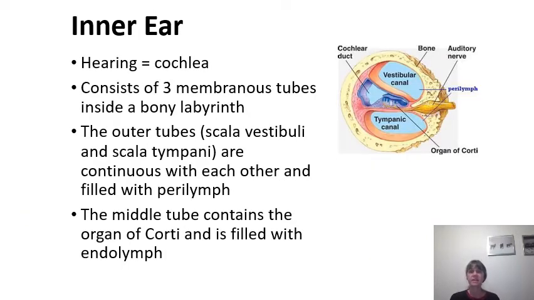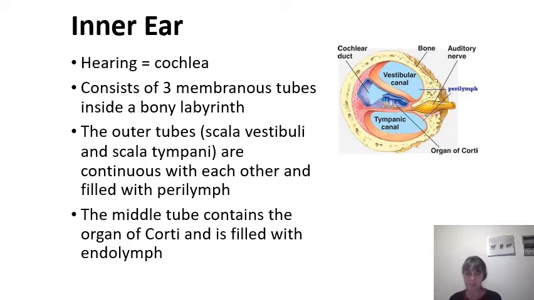When we look at the inner ear, we know that hearing occurs in that snail shell shaped structure called the cochlea. It's actually about the size of a split pea, and the cochlea includes 3 tubes that are lined by membranes inside what's called a bony labyrinth.